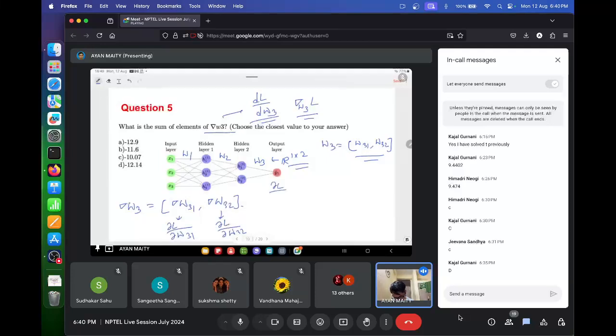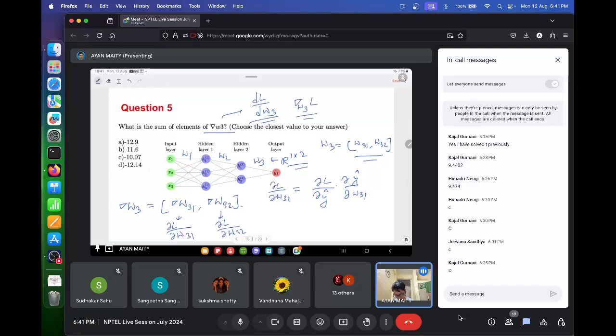So del L del W31, how can we compute this? We can use the chain rule for this: del L del Y hat and del Y hat del W31.